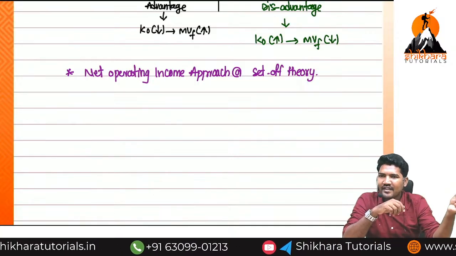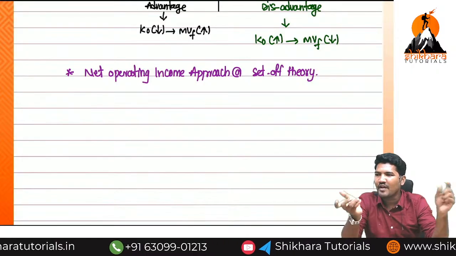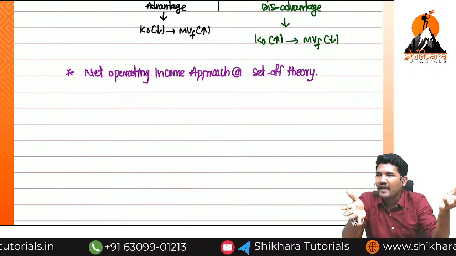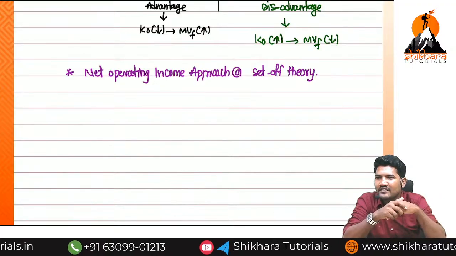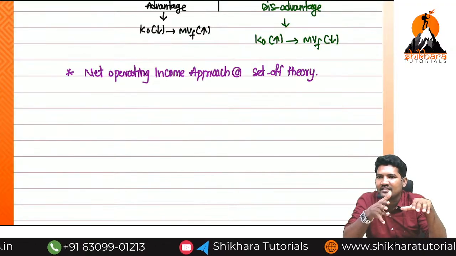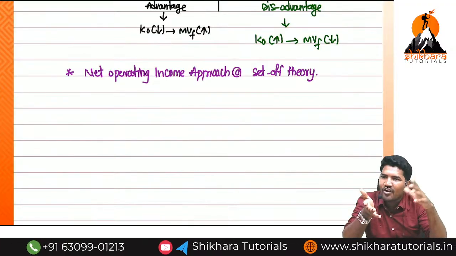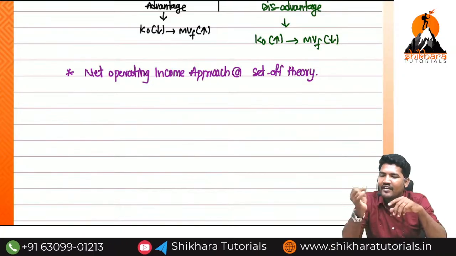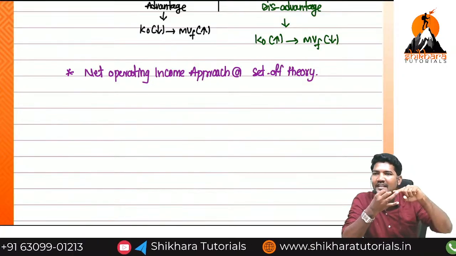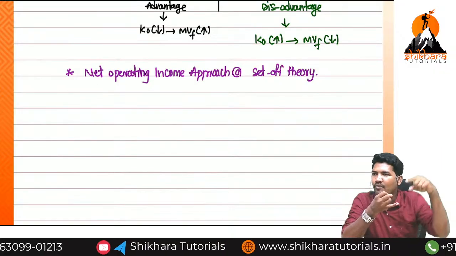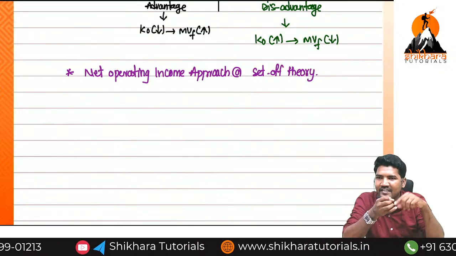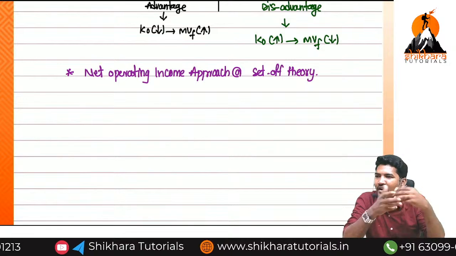Advantage 2%, compensation 2%. What about the impact? No impact. Positive, negative, neutral impact. Now KO will increase or decrease? Not increase, not decrease, constant. KO decreases, market value increases. KO increases, market value decreases. If KO is constant, market value is also constant.